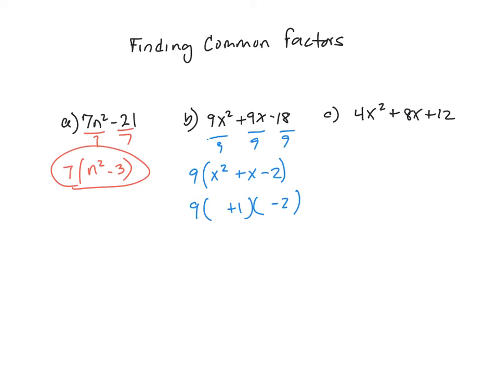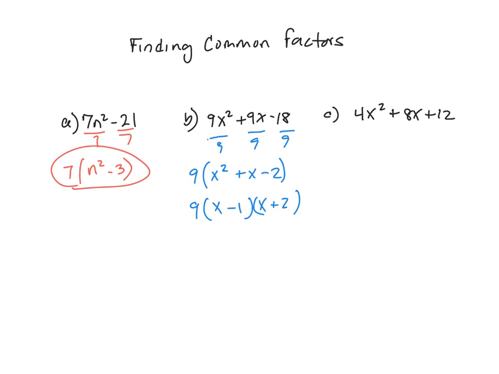Well, that's not going to work because if I add positive 1 and negative 2, I get a negative 1, and here I have a positive 1, not a negative 1. So I need to reverse those signs, and then I would have a positive 2 and negative 1, which gives me the proper trinomial, because negative 1 times 2 is negative 2, and when I combine 2 and negative 1, I get the 1 I'm looking for.